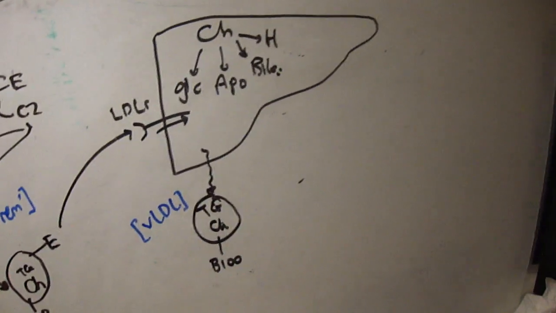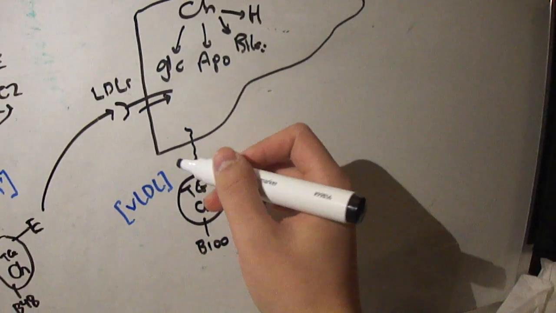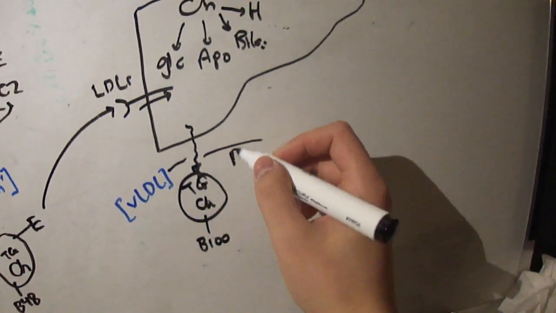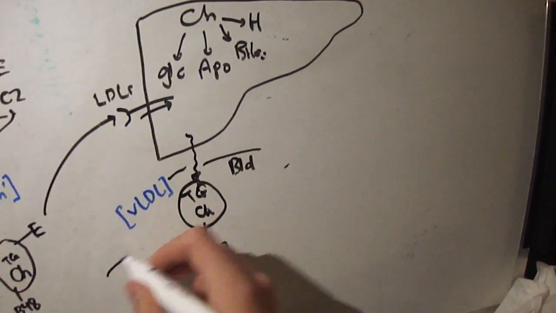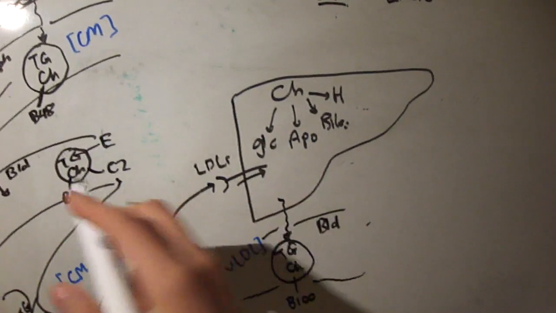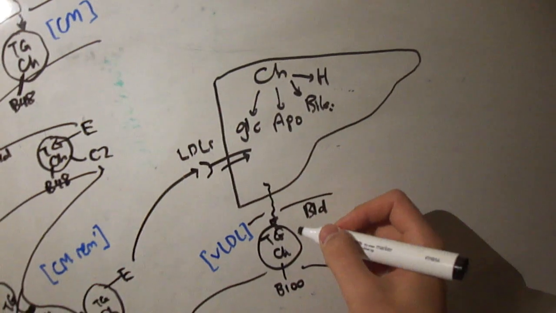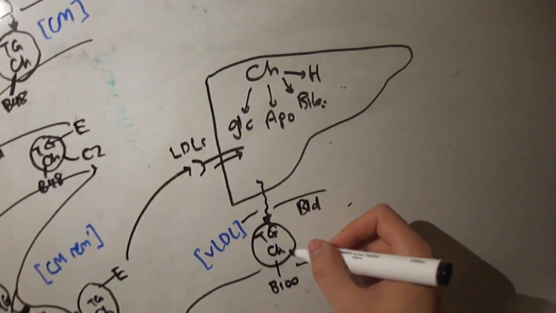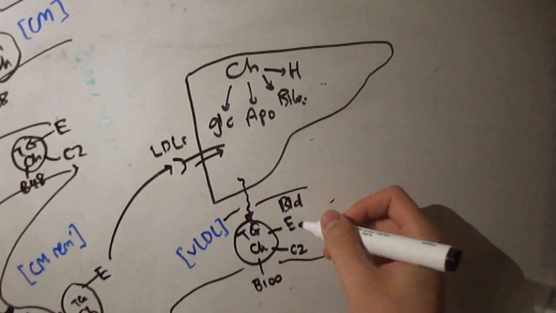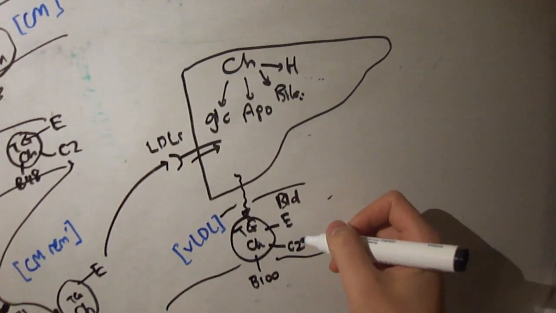When it gets into the blood, just like the chylomicron, it's going to acquire two new apolipoproteins, the E and the C2.